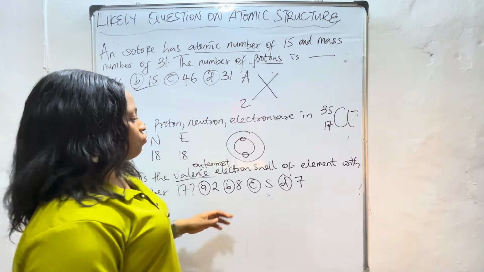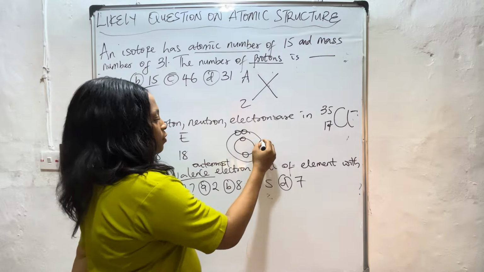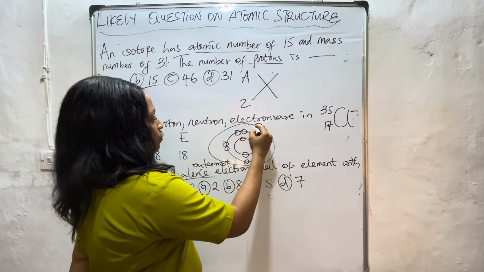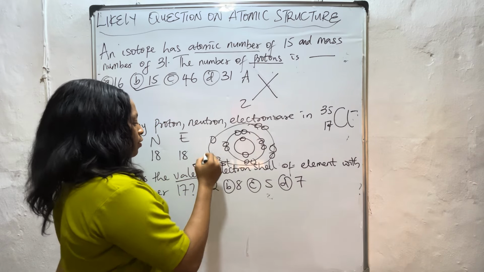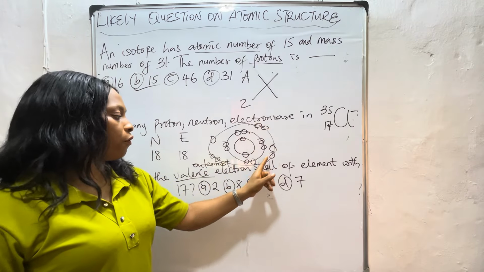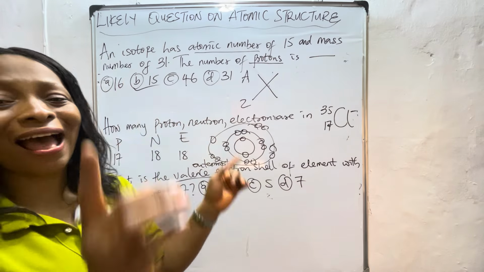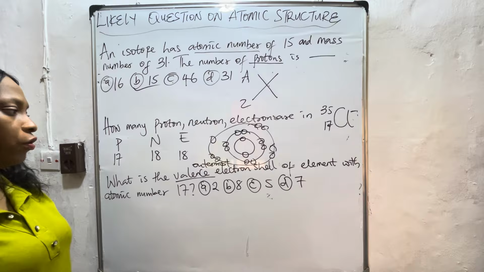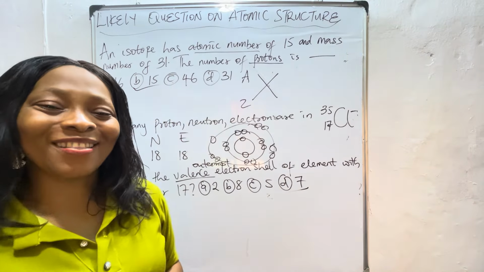So let's draw 1, 2, 3, 4, 5, 6, 7, 8, 9, 10, 11, 12, 13, 14, 15, 16, 17. We are looking at 17. So 1, 2, 3, 4, 5, 6, 7. So how many electrons does it have in the outermost shell here? It has what? 7. Isn't that simple?